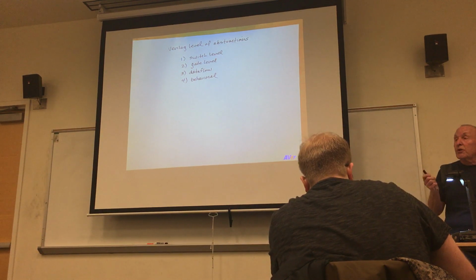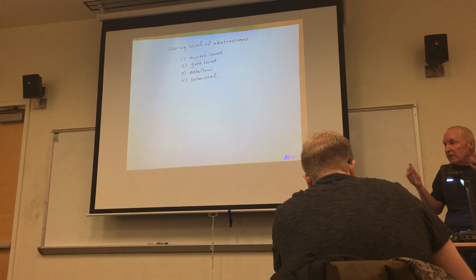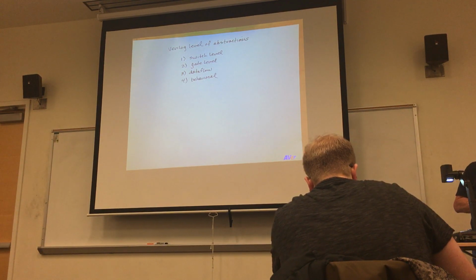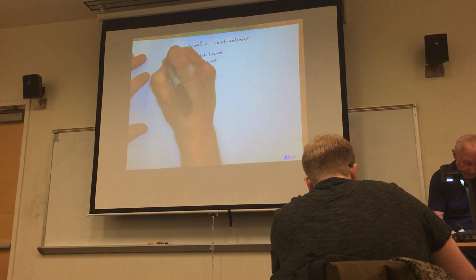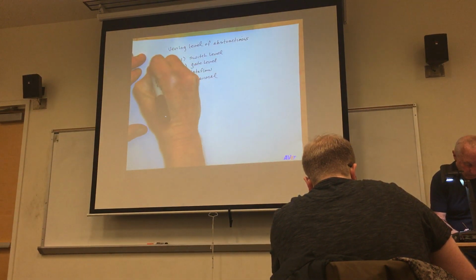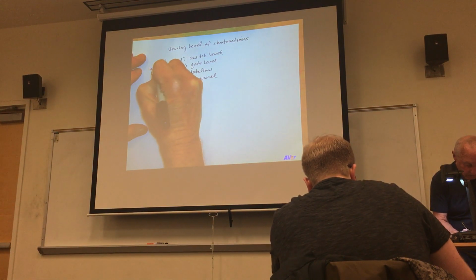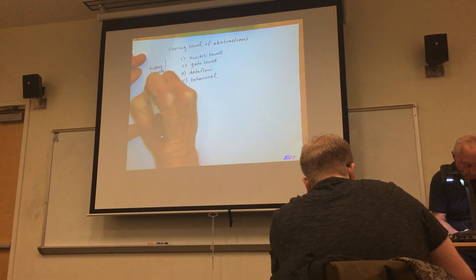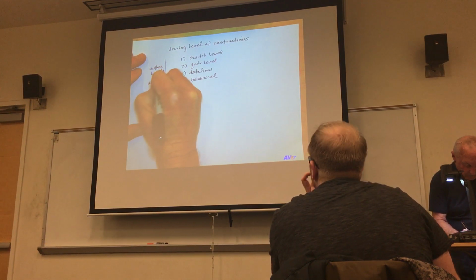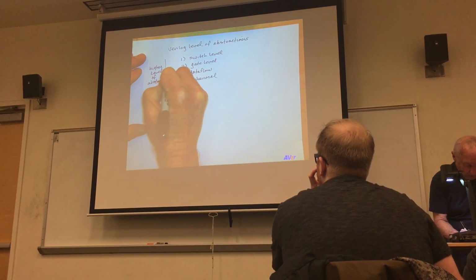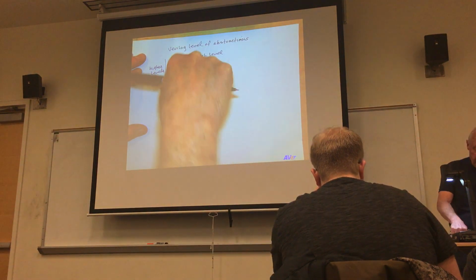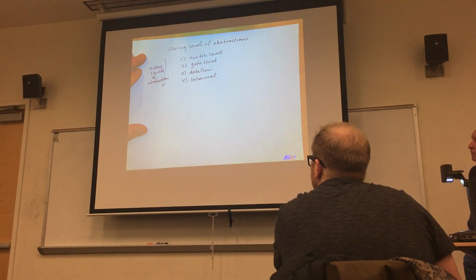C has a switch statement. In Verilog, it's called a case statement, but it's semantically the same. So I'm going up in the levels of abstraction as I work my way from 1 to 4.